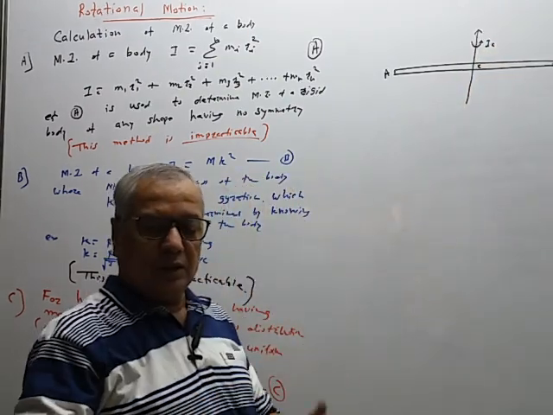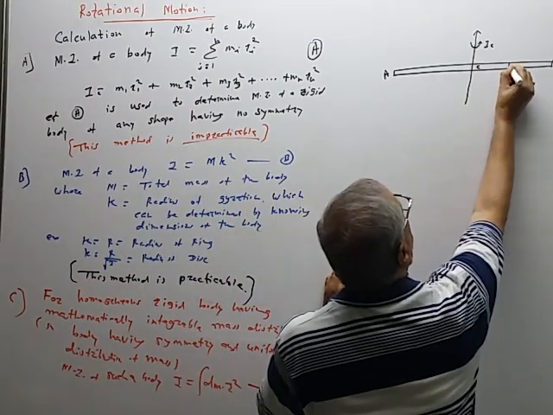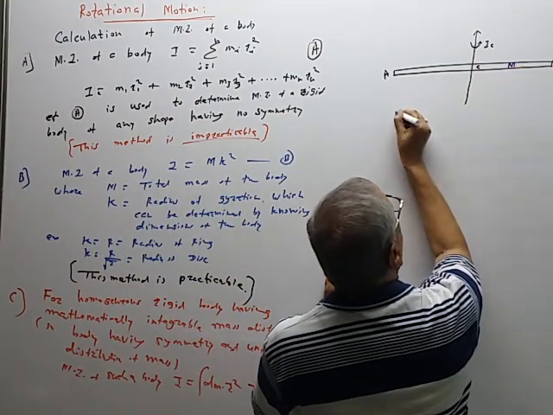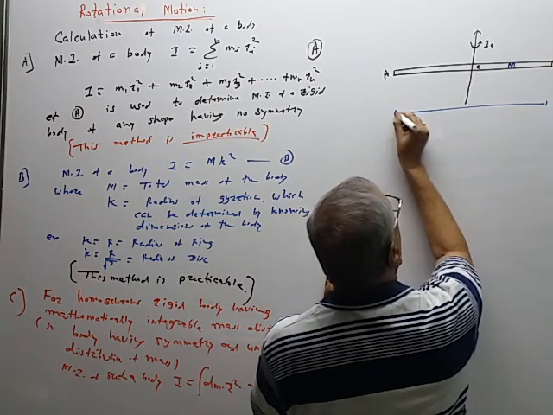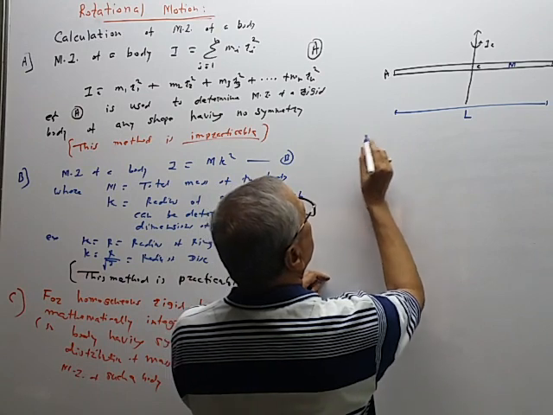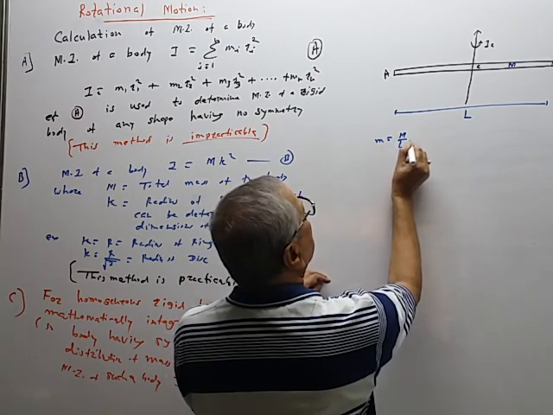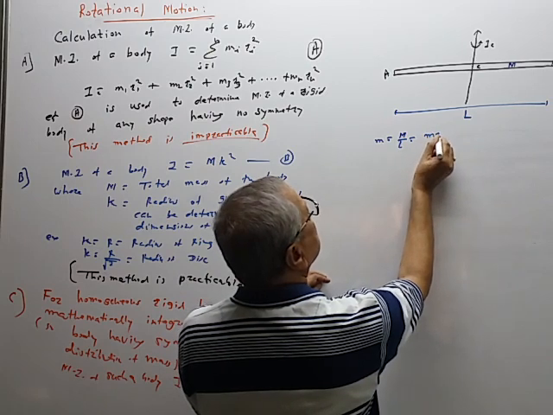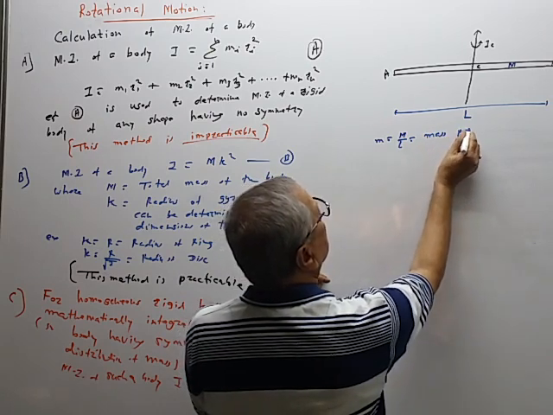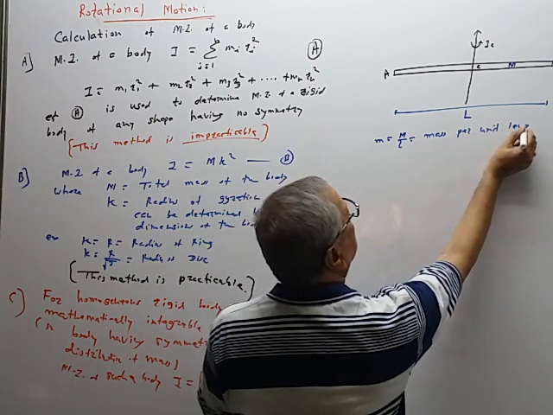Now consider total mass capital M, total length capital L. So small m is equal to M upon L is equal to mass per unit length.